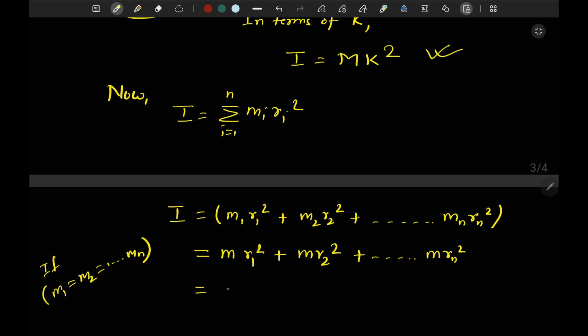Since all masses are same, m is common, r1 square plus r2 square plus rn square.